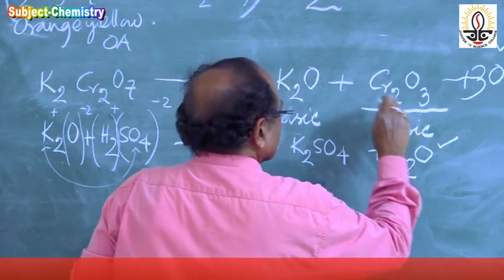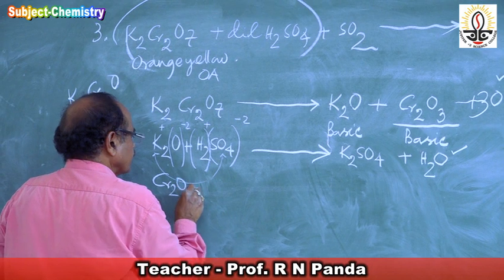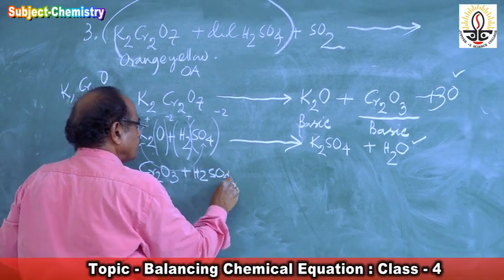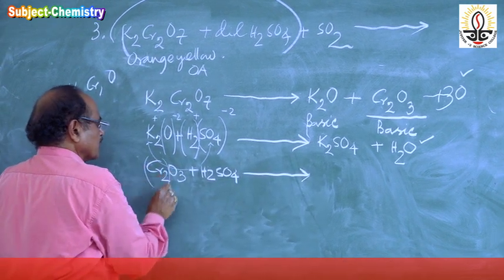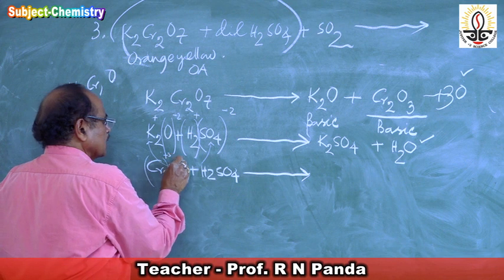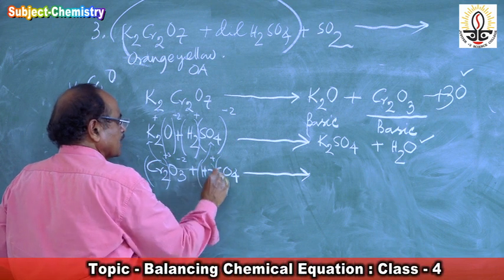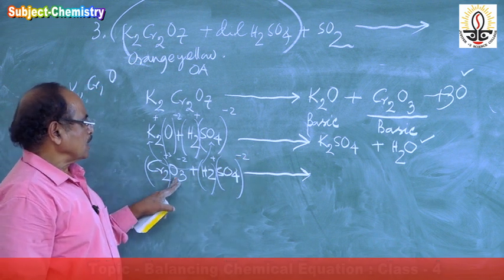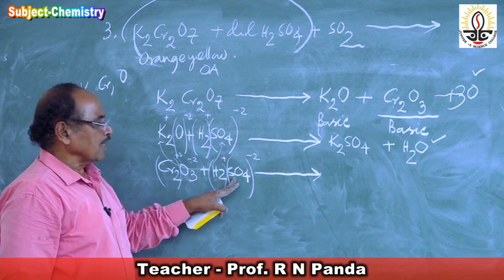Now Cr2O3 will react with sulfuric acid. Here chromium is plus 3 and oxygen minus 2, hydrogen plus 1, sulfate minus 2.